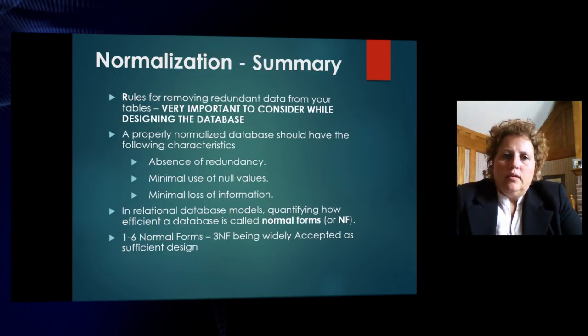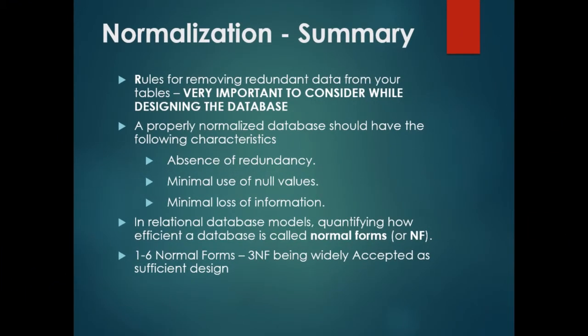Well, that's a summary of normalization. What is it again? Well, it's the rules for removing redundant data from your tables. And this concept of normalization is very important to consider when designing a database.